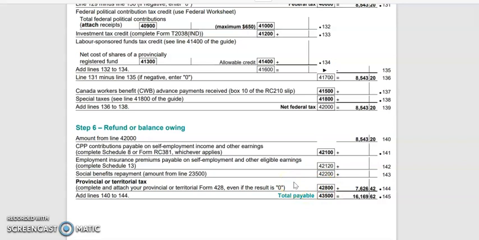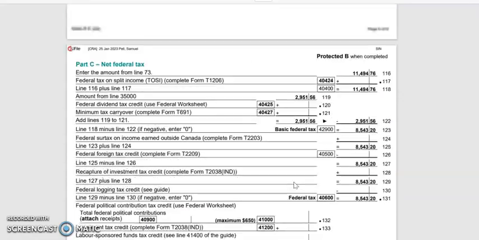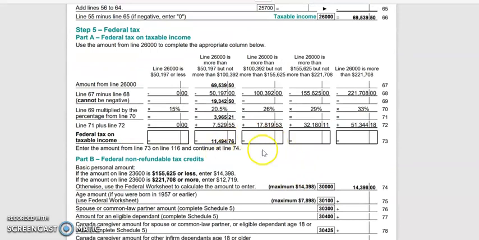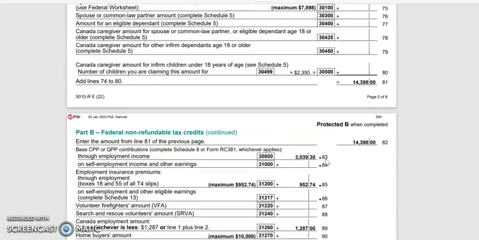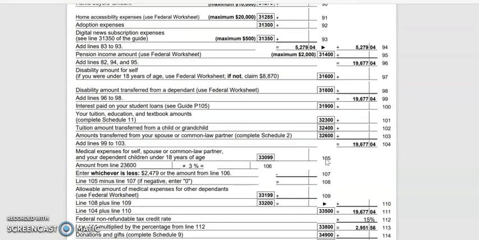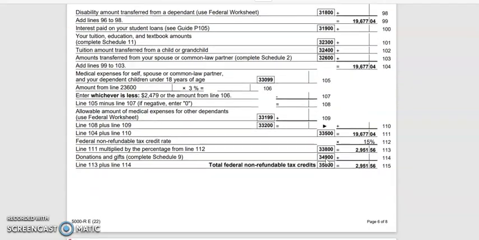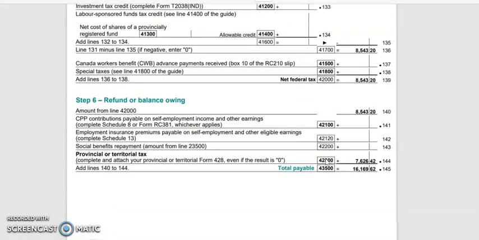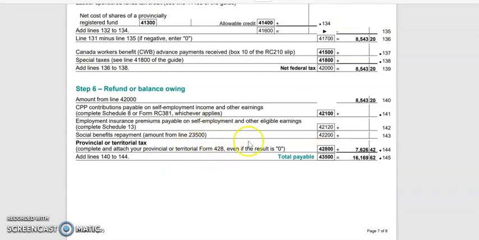So it's going to be very similar to this federal form, where it's going to start off with having to fill out this matrix to figure out what your federal tax or your provincial tax is on your taxable income. Okay, so I will stop this video here, and then I will create another one, and that is where we are going to figure out this provincial amount for line 144.